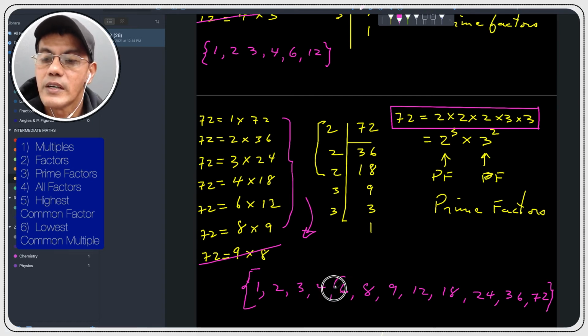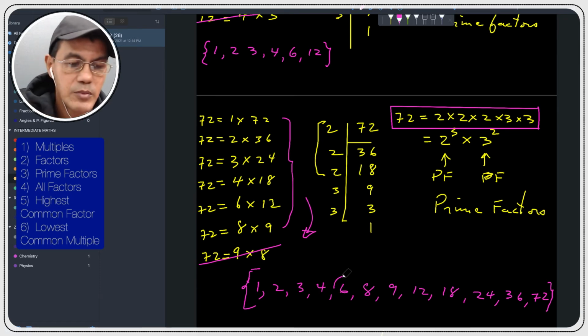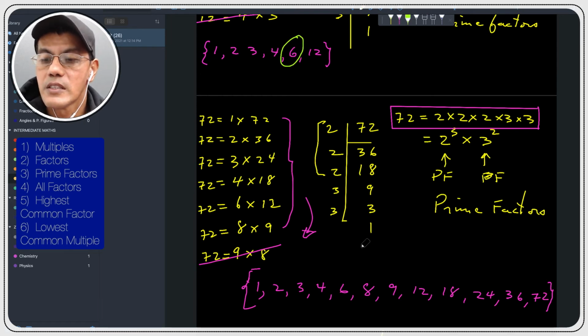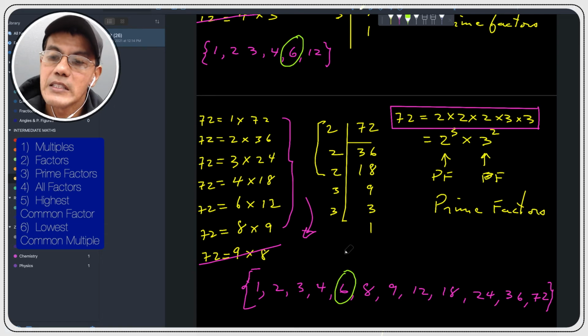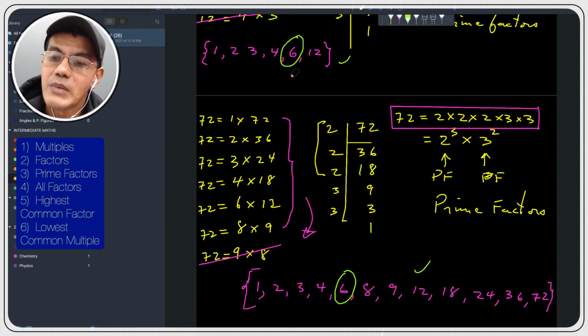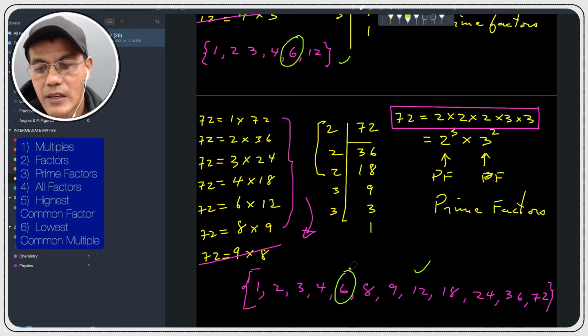So here you highlight your common factors, and 6 is the highest common factor, right? I don't like this because you have to do all the factors, and then you have to go manually and search for them and find it.